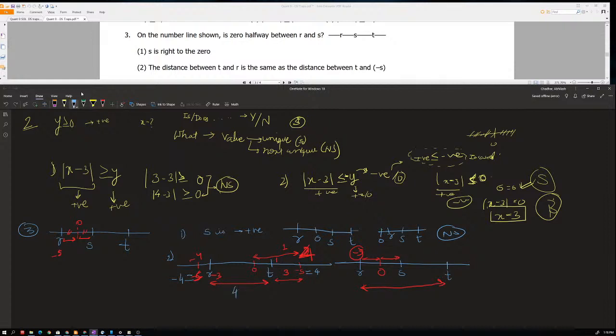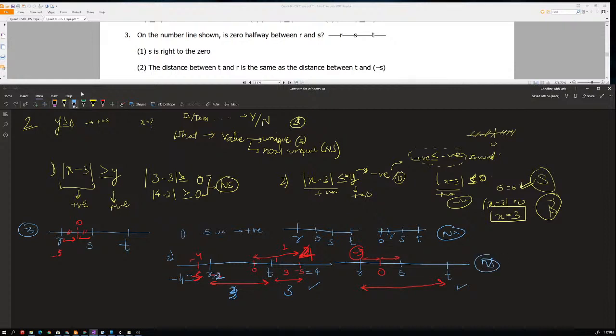This has to be minus 2, right? Distance between R is equal to minus 2. This is 3. Distance between T and S is 3. So basically, we can get that. So this is also possible. So obviously, we are getting two solutions.